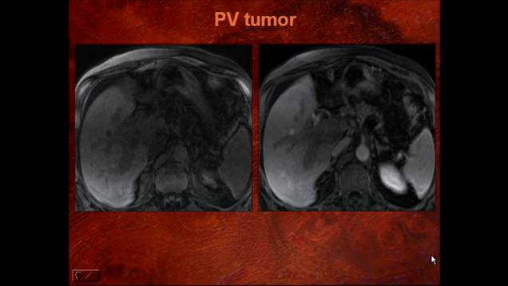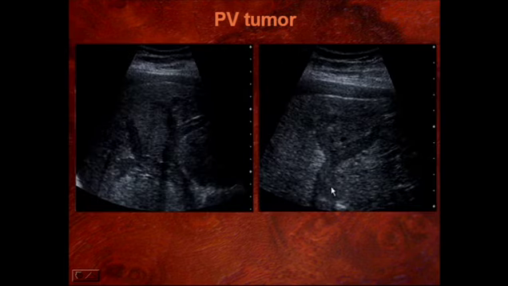Here's a patient who on MRI had thrombus in the portal vein that showed no significant enhancement after contrast administration. They thought that this was tumor thrombus, but hadn't proven it by enhancement patterns, and the patient came on for an ultrasound. You can see the thrombus involving the entire portal venous system in the right hemiliver.